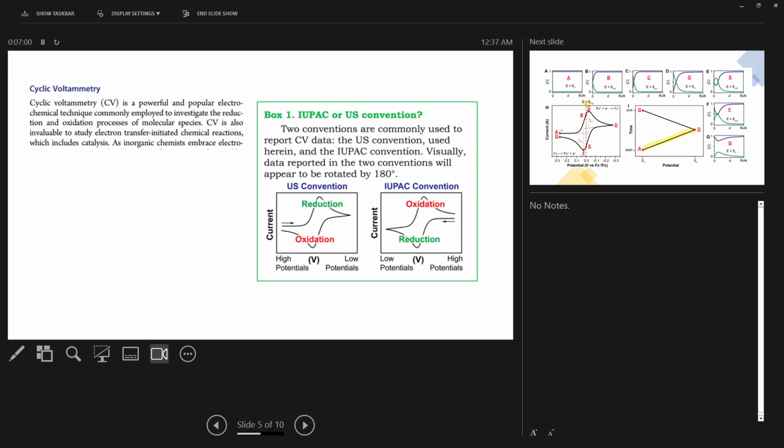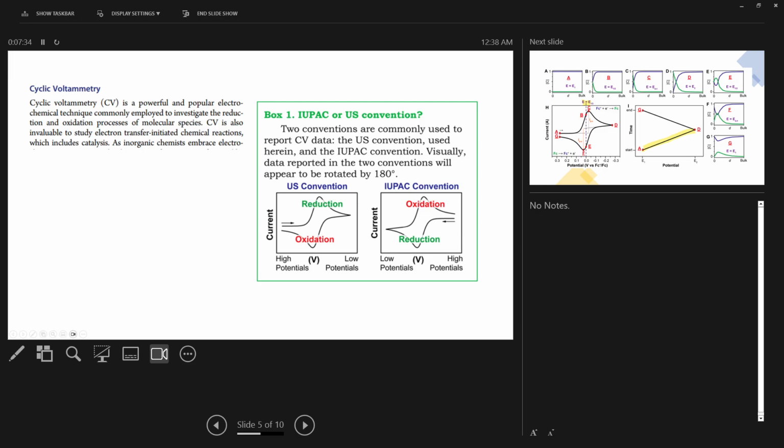After getting enough basic knowledge of electrochemistry, we come to cyclic voltammetry. Cyclic voltammetry is a very important technique which is used in electrochemistry in order to probe the activities of species occurring within the electrochemical cell, that is, what is happening in the electrochemical cell.